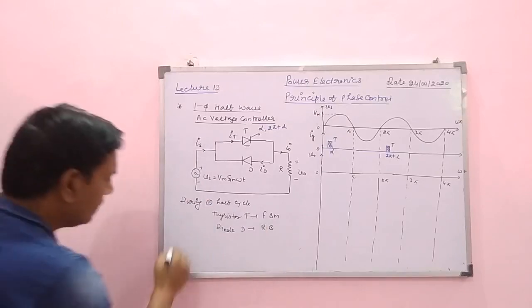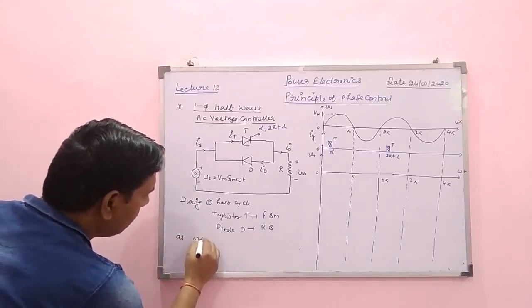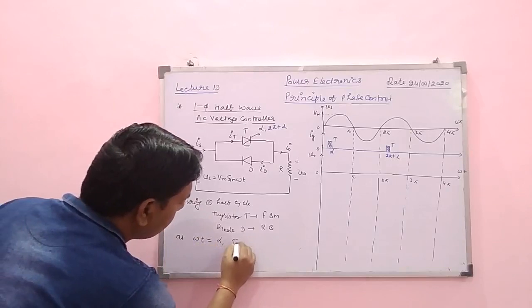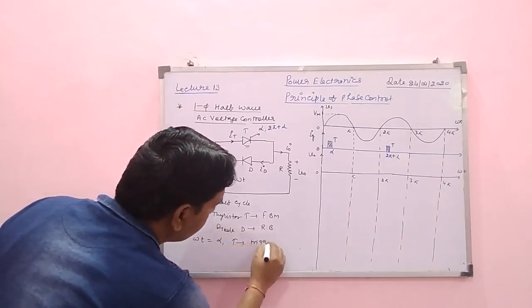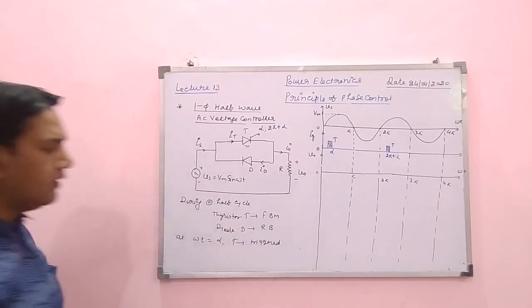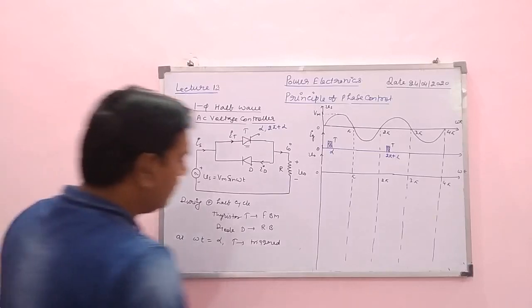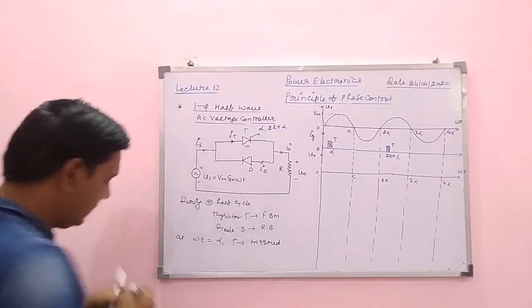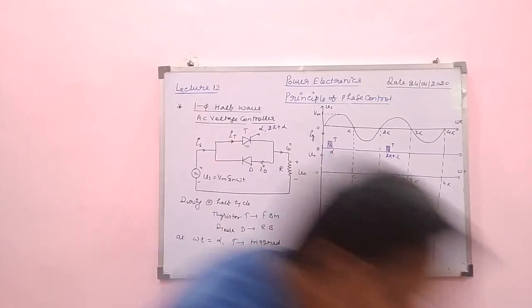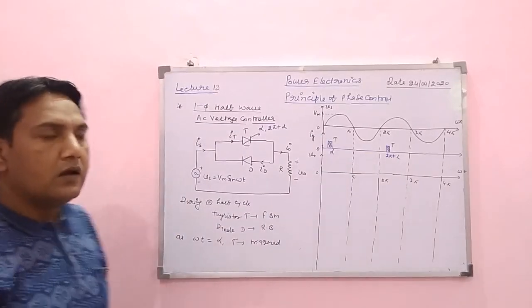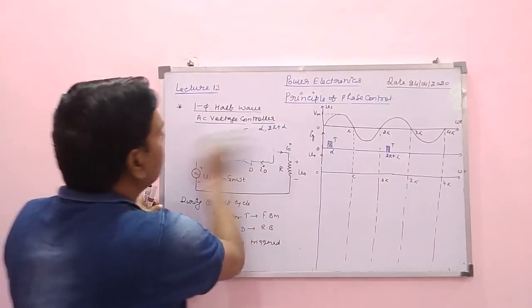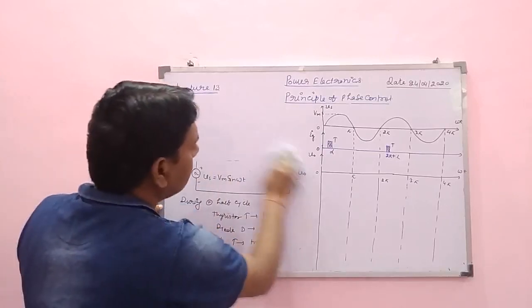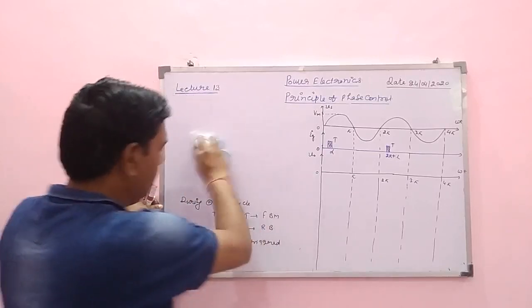So at omega t equal to alpha, thyristor T is triggered. We will draw the equivalent circuit when omega t is between alpha and pi.